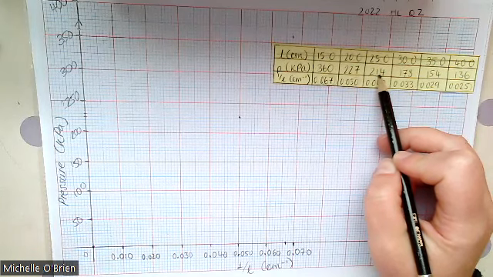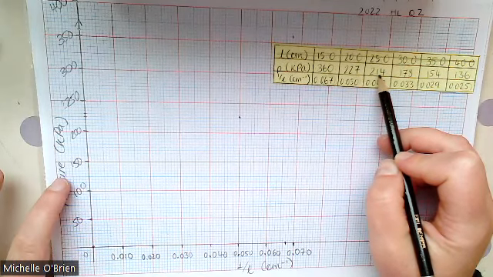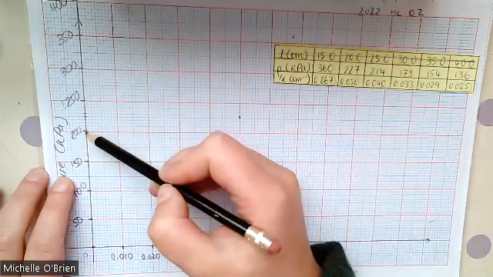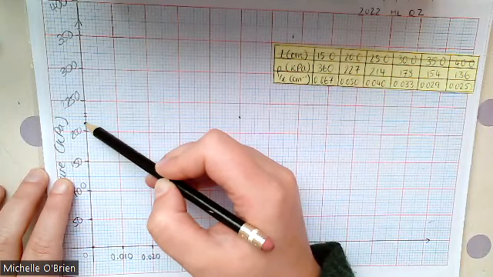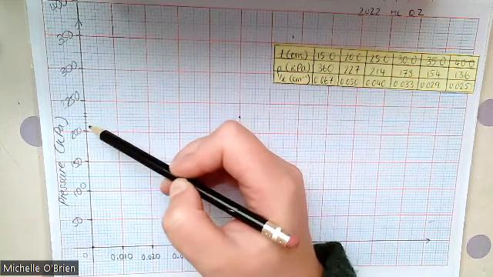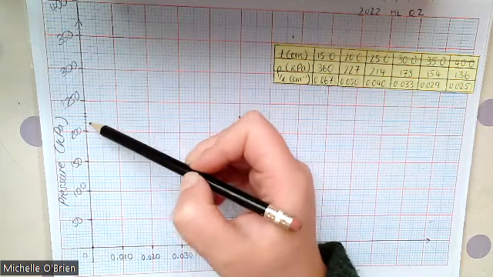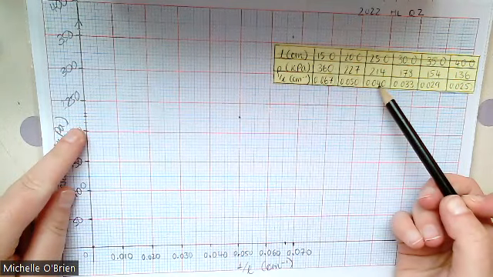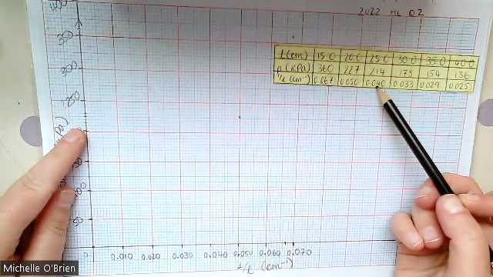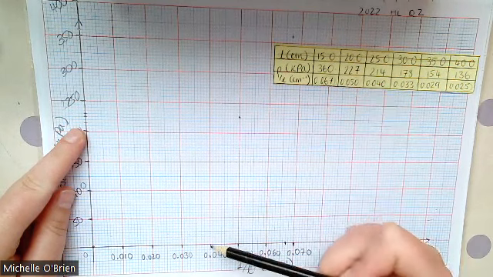Okay, next data point, pressure is 214. So I'll come back over here to my 200 and I'll go 205, 210, 215. That's realistically the closest I can get to 214 on a piece of paper. My 1 over length is lovely and easy again. It's 0.040.